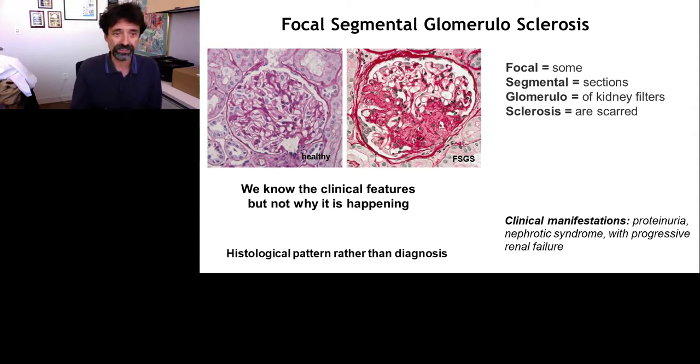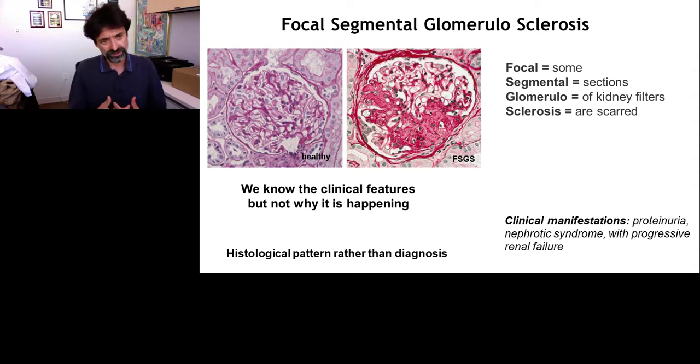So we know the histological characteristic of this disease, as we just mentioned, but the pathophysiology, why this disease is happening, is still unclear. And similar to the other diseases, this condition is also characterized by proteinuria and progressive renal failure.